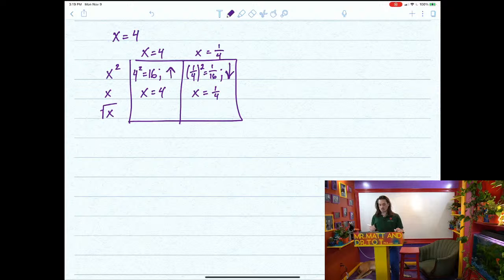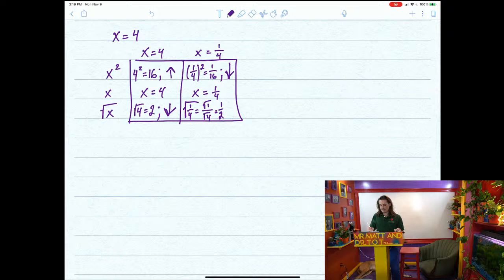Now if we take the square root of 4, we get positive 2. Notice that to go from 4 to positive 2 is an overall decrease. If we take the square root of 1/4, we can use the distributive property here, and that's the same thing as the square root of 1 over the square root of 4, which would be 1/2.